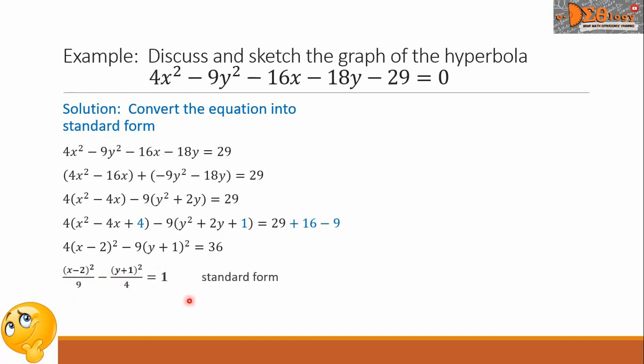And from here, we can say now that the general equation is transformed into standard form. We can say also that this is a hyperbola with transverse axis parallel to the x-axis, because the x variable here is positive and the y variable is negative.